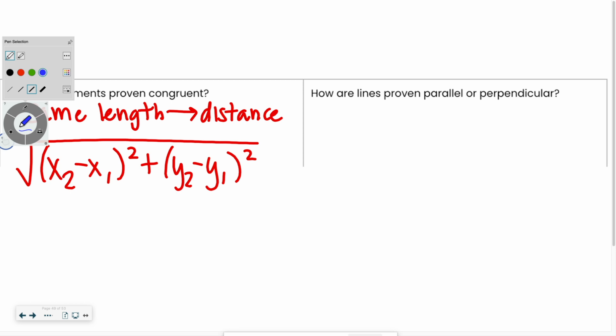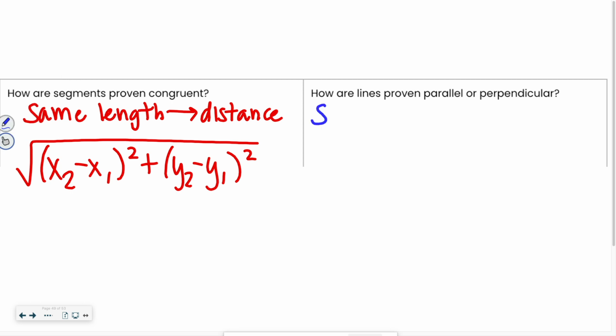How do you show that lines are parallel or perpendicular? I'm hoping you're thinking slope. Let's just review. If they're parallel, they have the same slope. And if they're perpendicular, their slopes are opposite reciprocals.